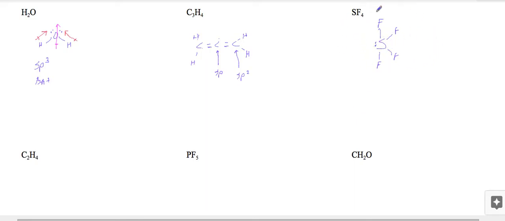Yes, so this is the correct Lewis structure for the sulfur tetrafluoride. It is going to be 1, 2, 3, 4, 5, sp3d hybridized, and it is going to be polar. The resultant dipole moment is going to be towards those electrons. All right.